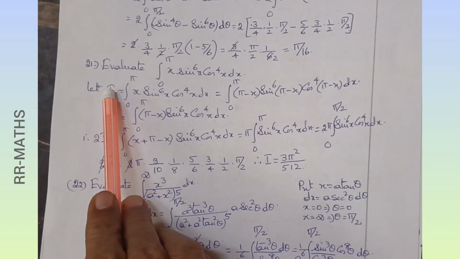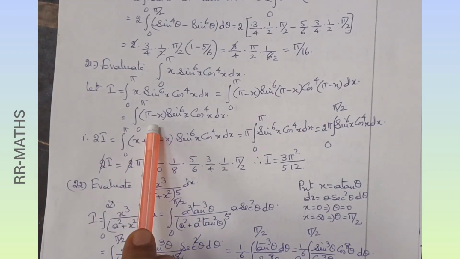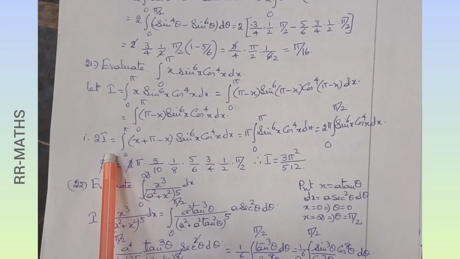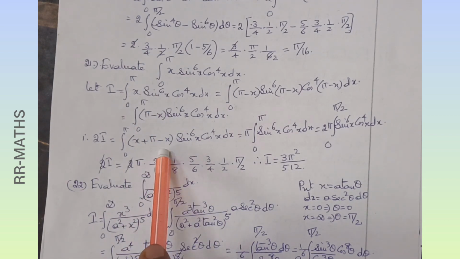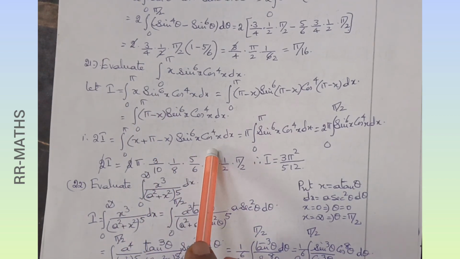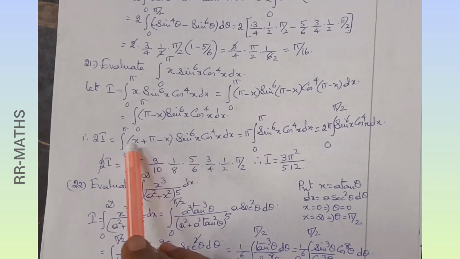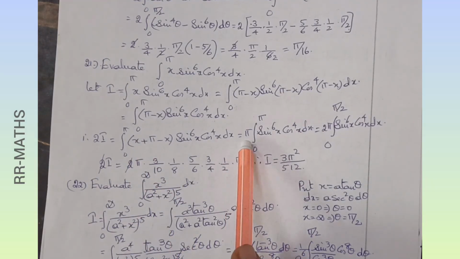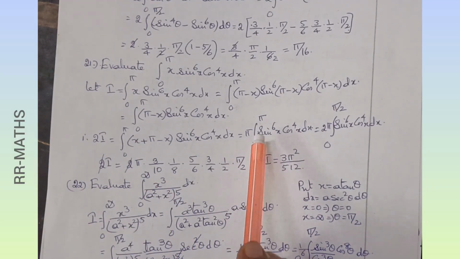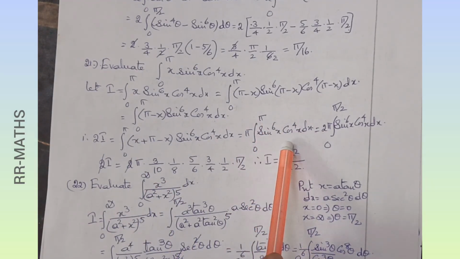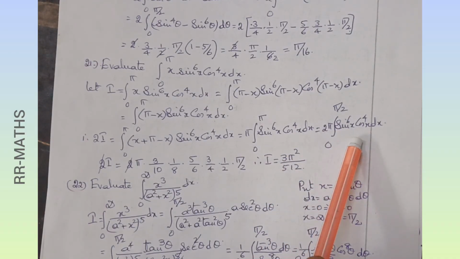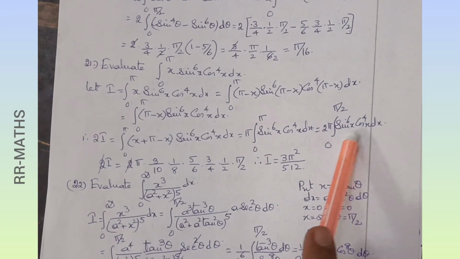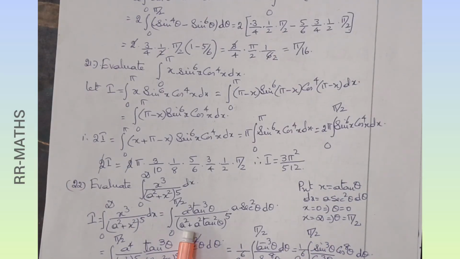Now add the original I and the converted I. You get 2I is equal to integral 0 to pi of (x plus pi minus x) sine power 6x cos power 4x dx. So this x gets cancelled, giving you pi outside, integral 0 to pi sine power 6x cos power 4x dx. You can directly apply a formula here, or you can convert cos in terms of sine and simplify.